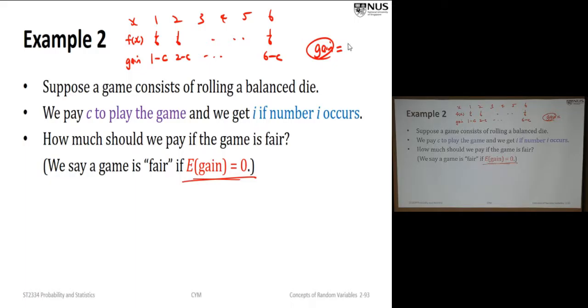It is equal to the amount of money I get, which is the outcome of the die, minus C. Others tell you this, it's so straightforward, so easy. But you have to think of what the random variables are. This experiment is tossing a die. The outcome is represented by x, which is 1, 2, 3, 4, 5, 6. And you have to answer what the corresponding probabilities are. After that, I link up, because I want to find the expected gain. So I have to express this gain in terms of the outcome x. So it's x minus C.